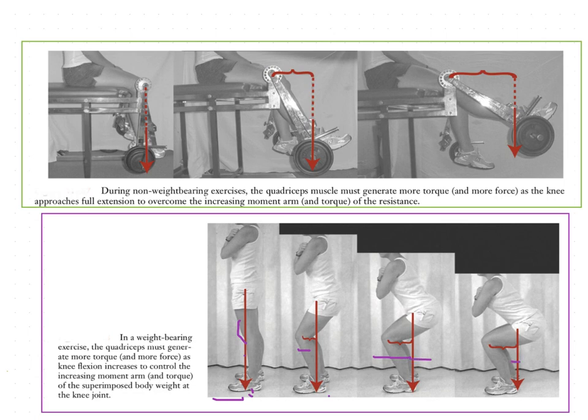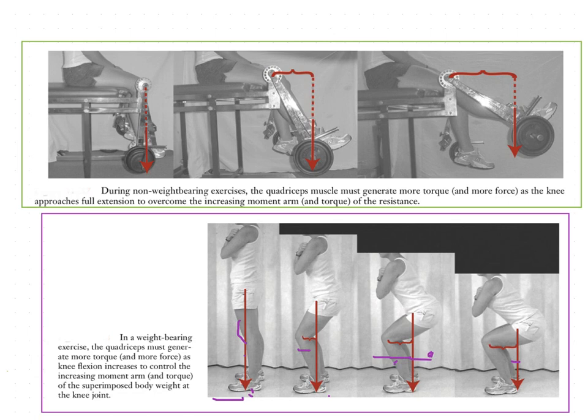So here the line of gravity falls on the posterior aspect of the knee joint axis. The gravitational torque will now tend to promote knee flexion, and activity of the quadriceps is now necessary to counterbalance the gravitational torque and maintain the knee joint in equilibrium.